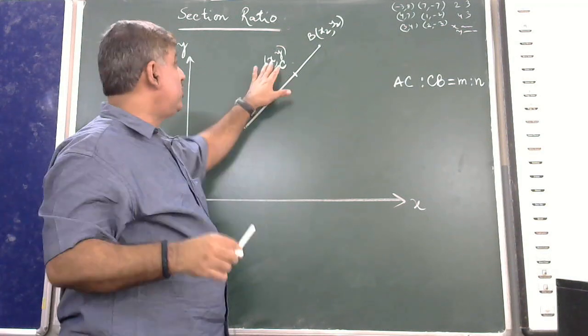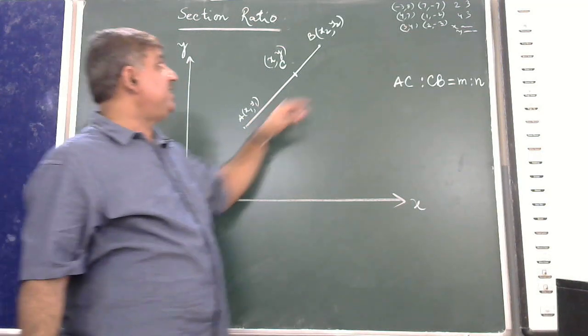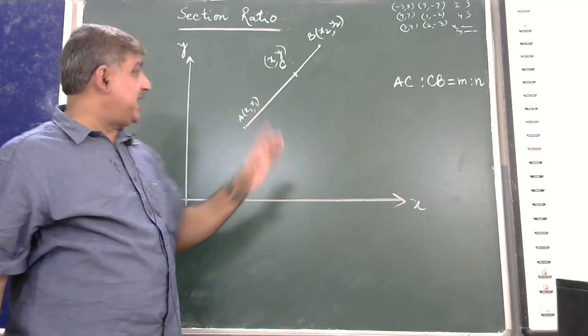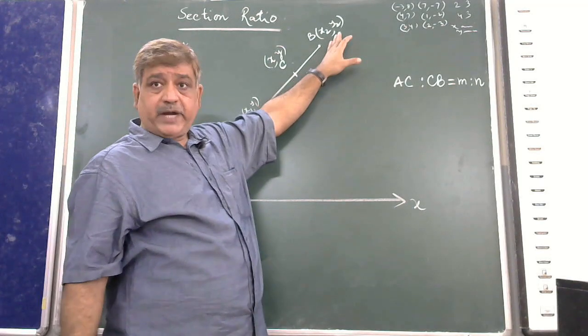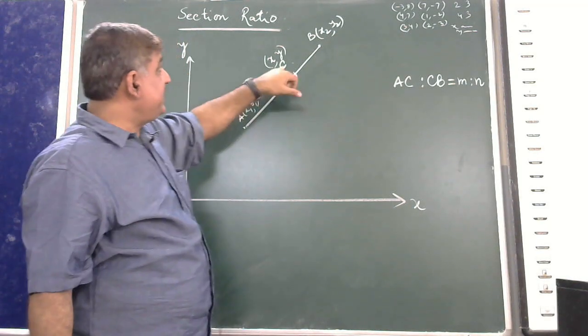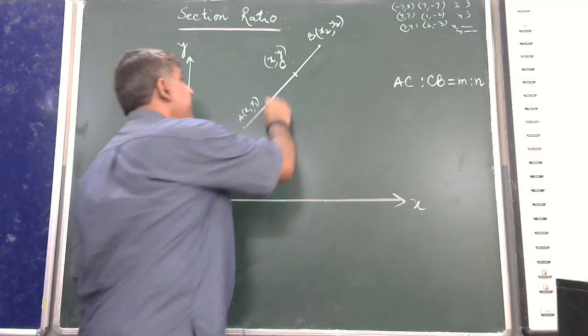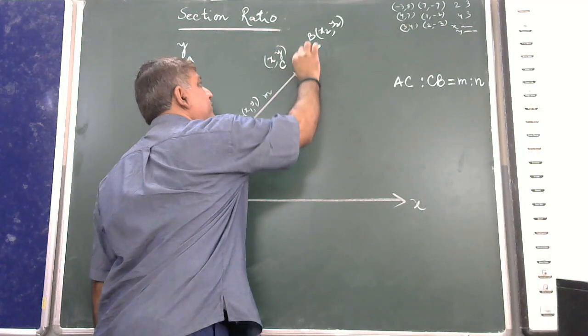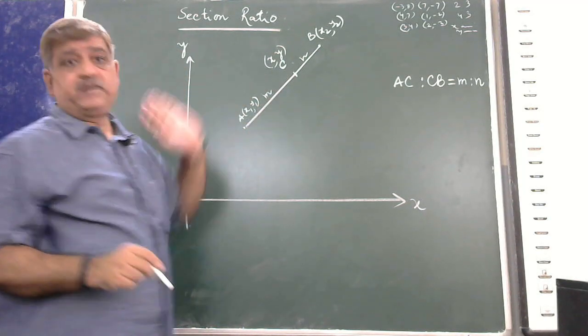We need the values of x and y, if line segment AB, joined by 2 points A (x1, y1) and B (x2, y2), is divided by point C in the ratio m is to n.